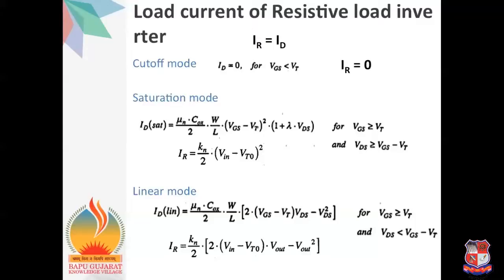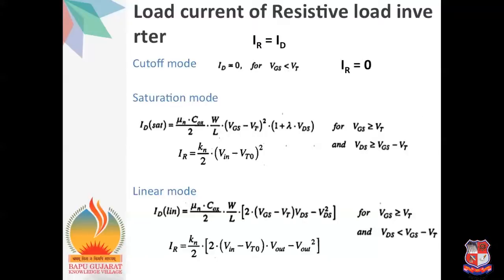From those, we derive the equations for the load current for the cutoff mode, saturation mode and linear mode. So let's start with the cutoff mode. Here in the cutoff mode, no current passes through the load resistance and the drain terminal. So in the cutoff mode, the drain current ID equals 0, so IR is also 0.